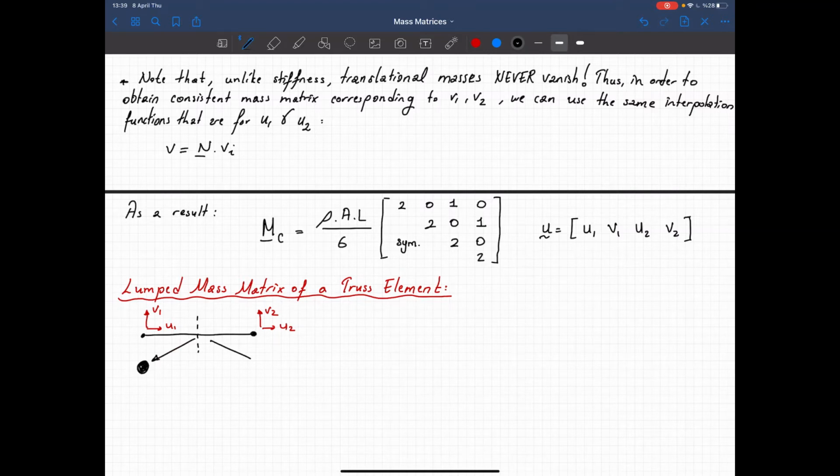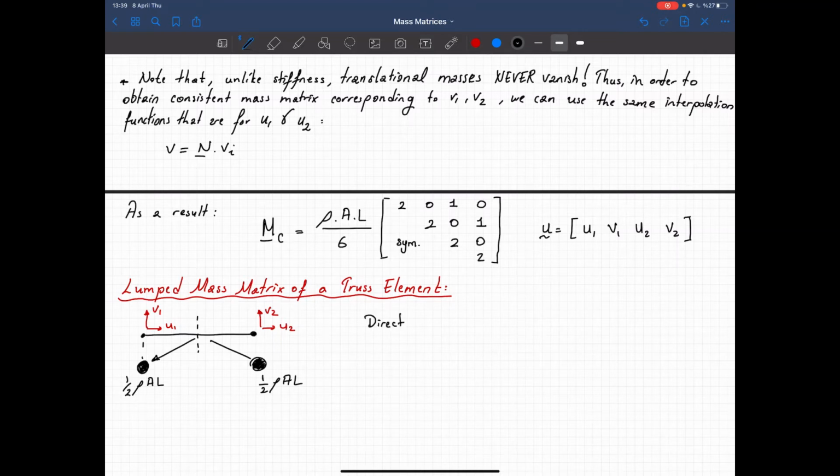The other half is lumped to the end node. Okay, and the magnitude of that is 1 over 2 rho times A times L. So we are just lumping the masses to the nodes for translations.